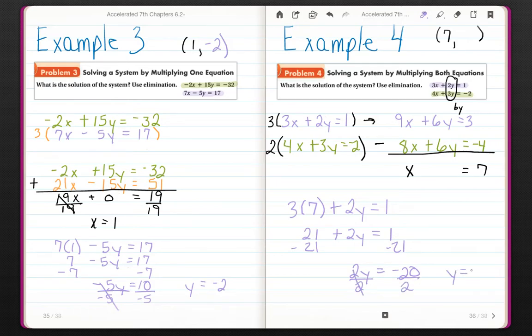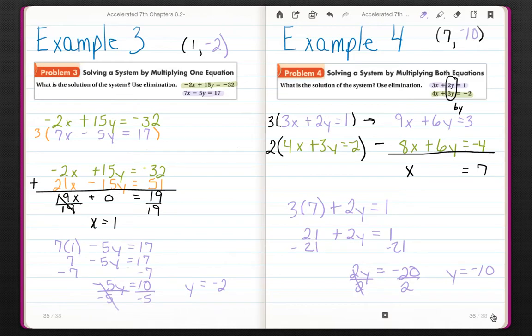And y equals negative 10. So my solution is 7, negative 10. So in this example, we had to multiply both equations by a number to get a common variable that we could then eliminate through addition or subtraction.